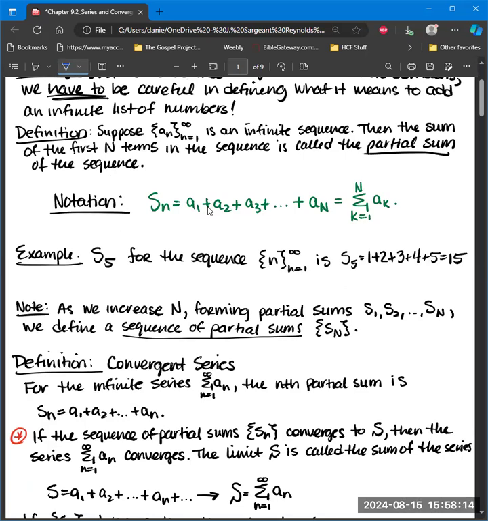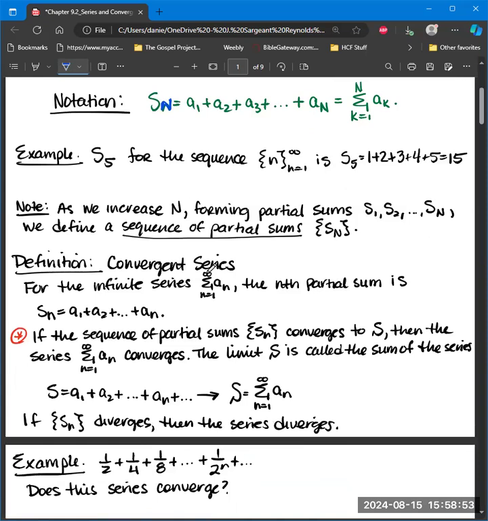Then the sum of the first capital N terms of the sequence is called the partial sum of the sequence, where S sub N is equal to, and we should make this match: if we're going to use a capital N over there, we need to use a capital N over here. So the nth partial sum starts with a1, adds a2, a3, all the way to a capital N. And we can use sigma notation for that as the sum from k equals 1 to capital N of a sub k. That's the nth partial sum.